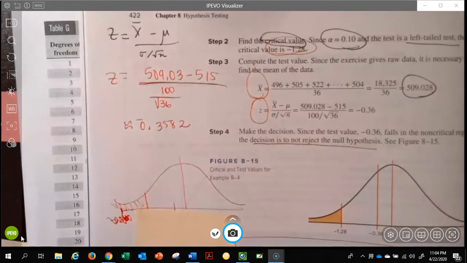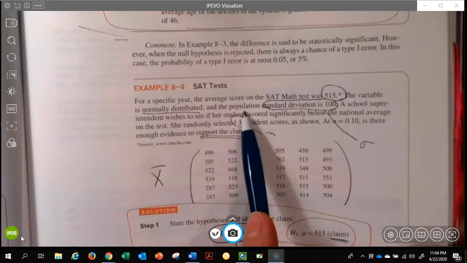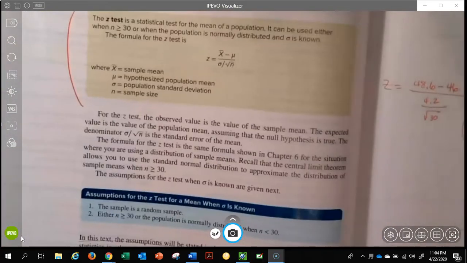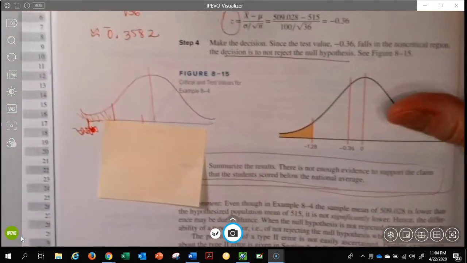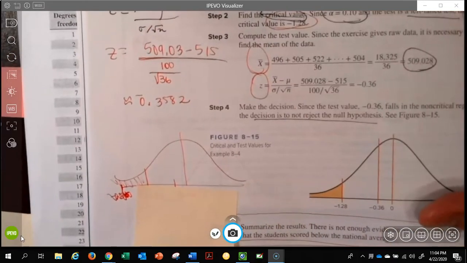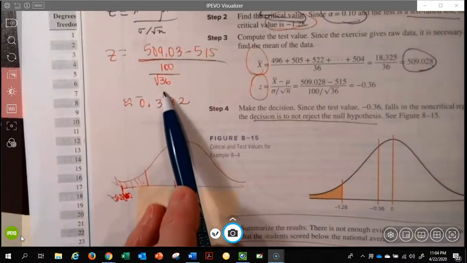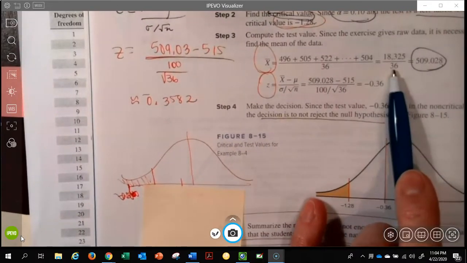They told us in the problem that the standard deviation for the population, my sigma, is 100. So I put 100 in, and divide by the square root of n, and we already know that our n is 36.